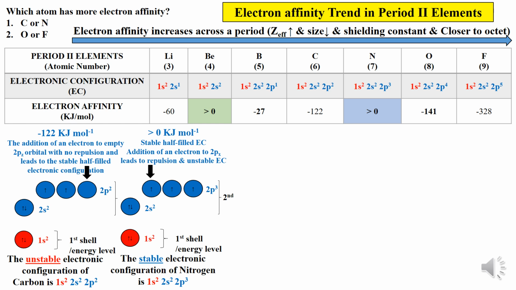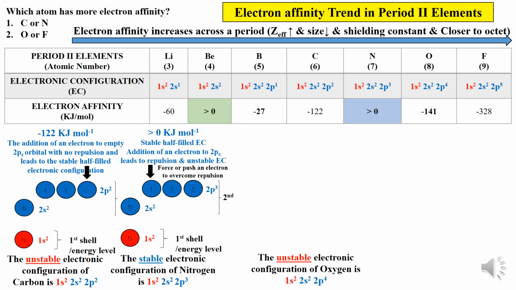When you add an electron to a 2px orbital which is already occupied by an electron, it leads to repulsion. And repulsion is an energy demanding process. So you need to force an electron into the 2px orbital in order to overcome this repulsion. And therefore it is an endothermic or energy demanding process, which is reflected by the positive value.